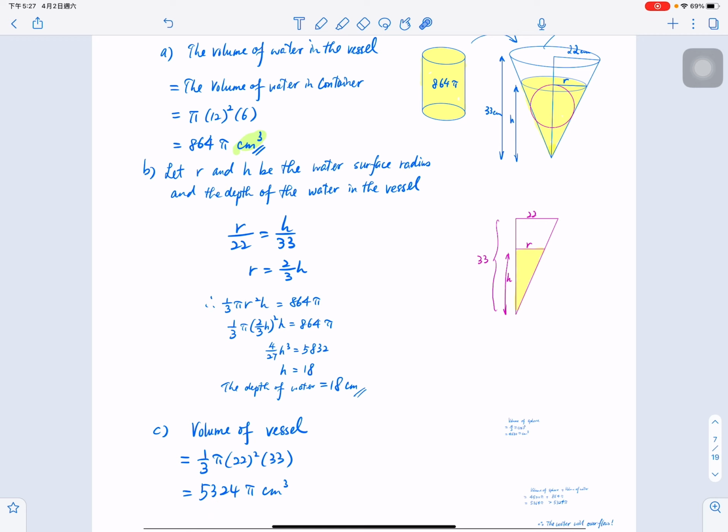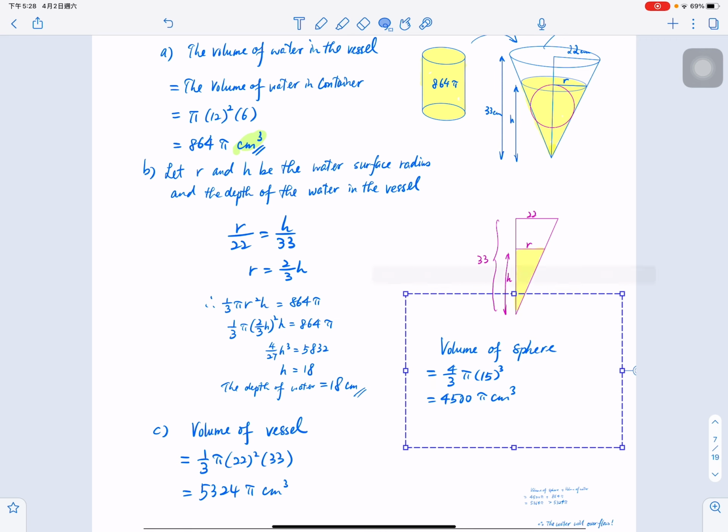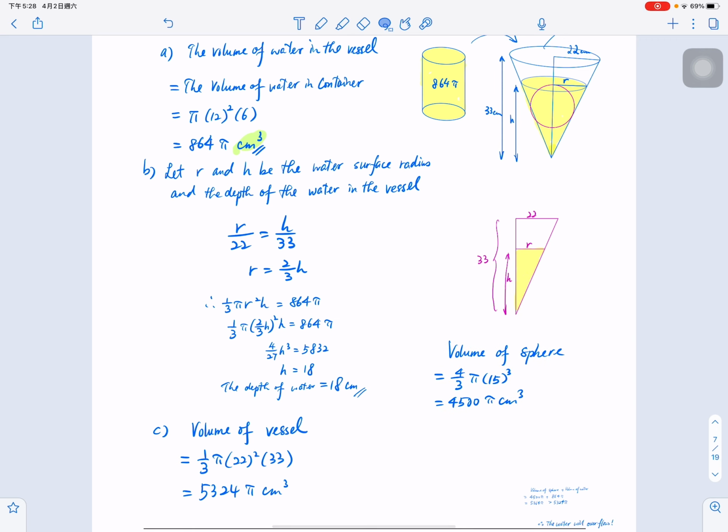Then how about the volume of the sphere? Yeah, 4/3 pi r cube, correct. So the volume of the sphere, 4/3 pi r cube, is 4,500 pi cm cube. Then here is 864 pi.